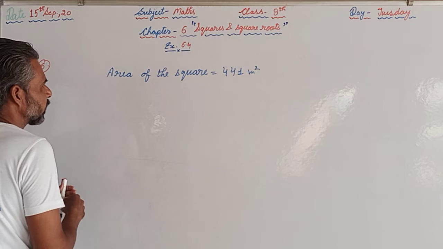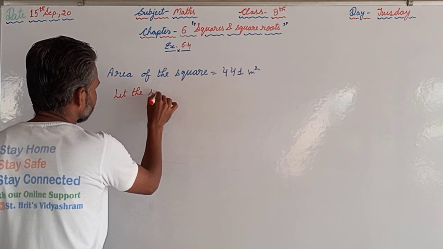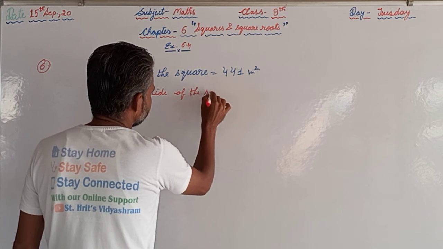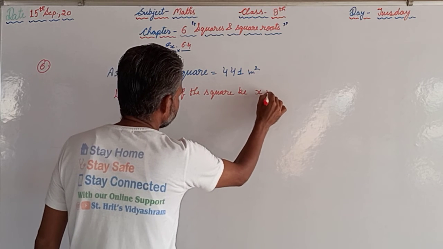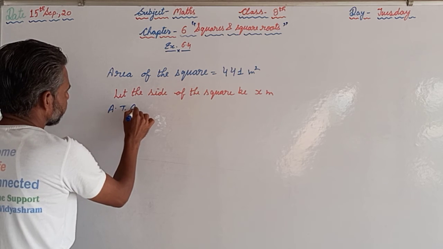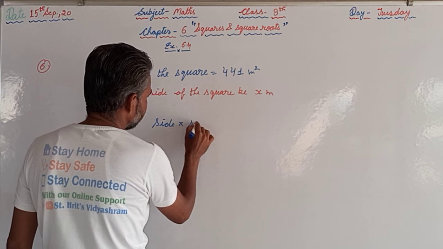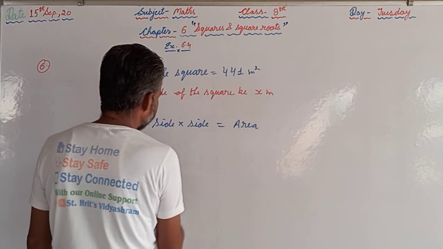We have to find the side of the square. Let the side of the square be x meter. So according to the question, side into side is equal to area.